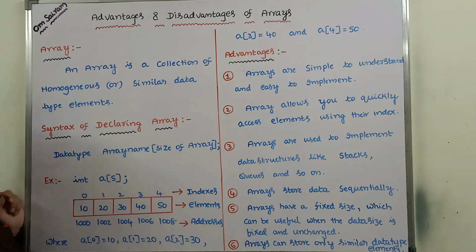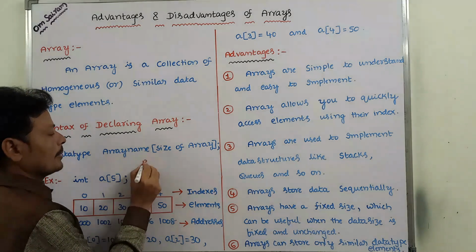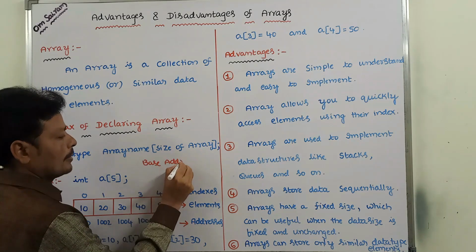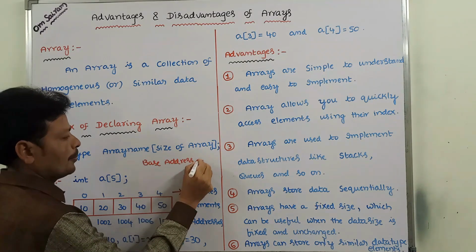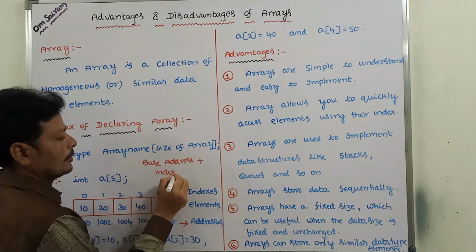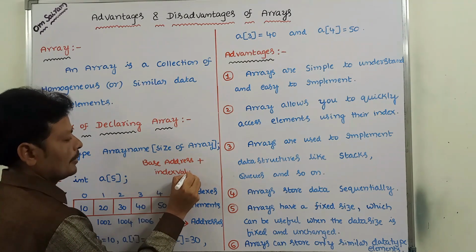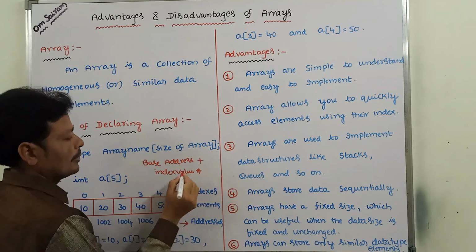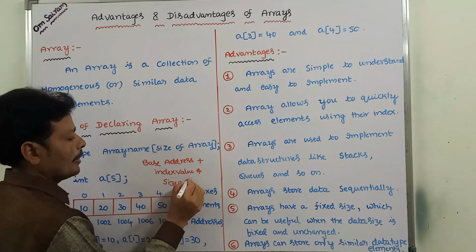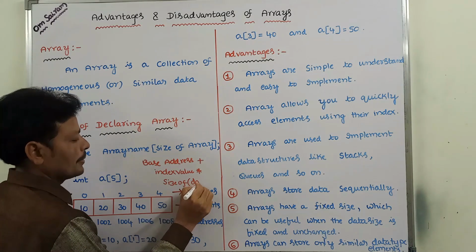Next, one more point: we can find the address of any element in the array. The formula is base address plus index value into size of data type.